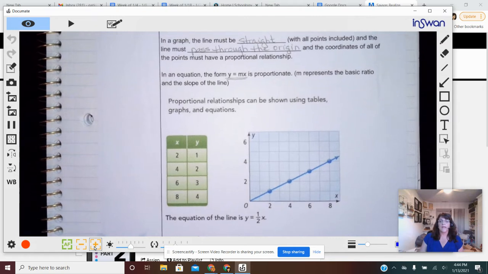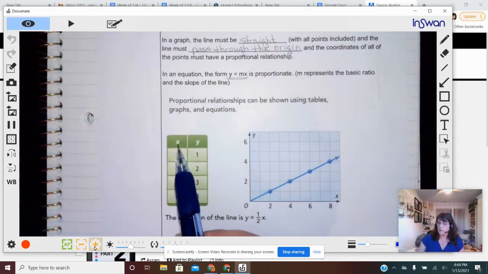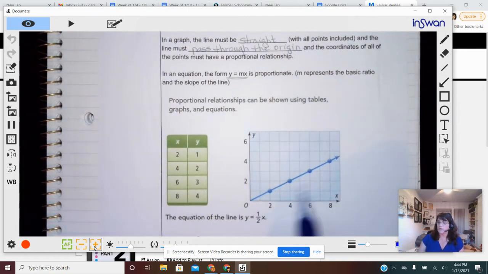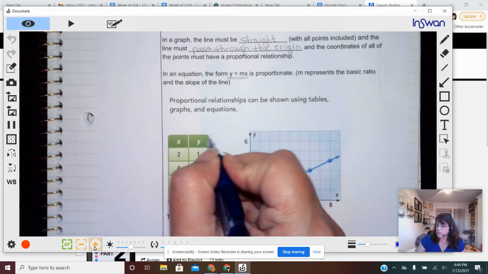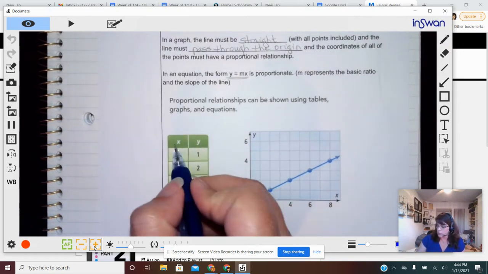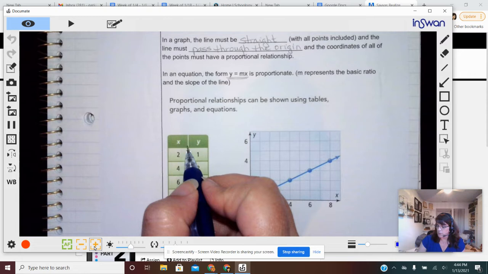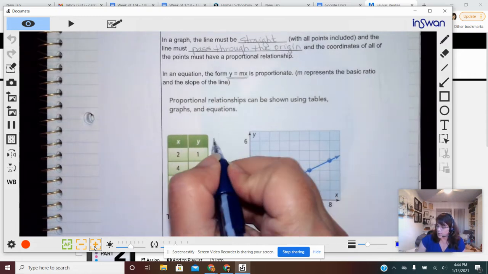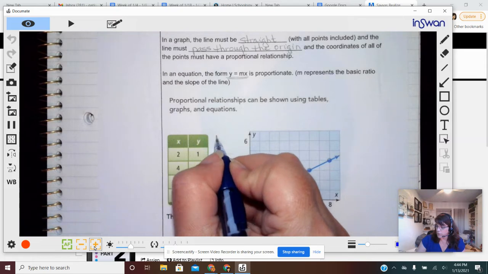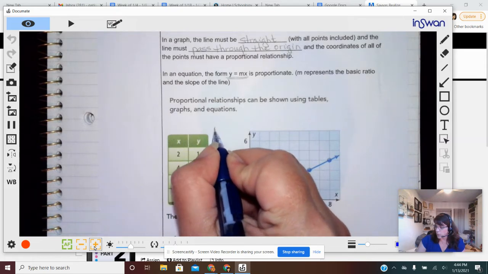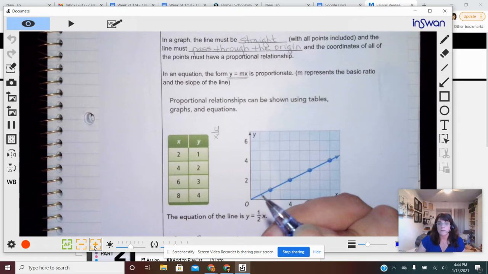Now, one is in a table and the other is in a graph. Now, remember when we talked about these, we said that when we write a ratio from coordinate pairs, you're going to write your ratio as y over x.